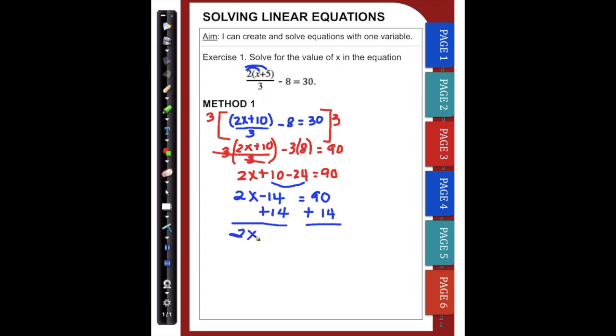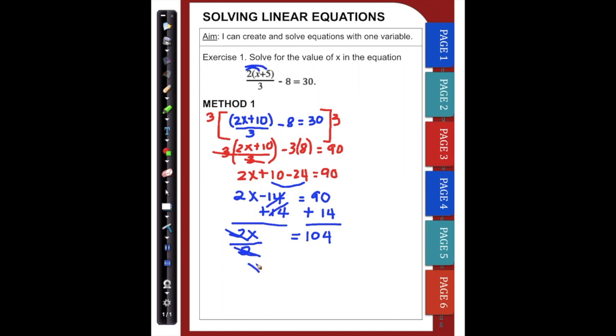That should leave us 2x equals 104. Now, the inverse of 2 times x is dividing by 2, the coefficient 2. So if we divide both sides by 2, 2 divided by 2 should leave us with 1x, or simply x.